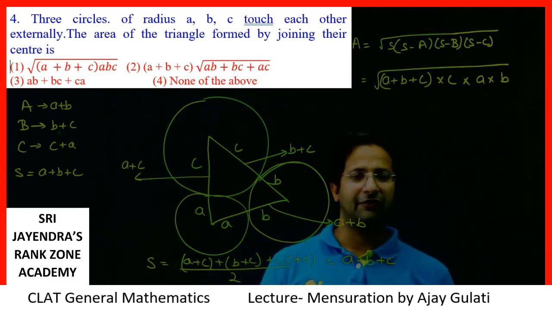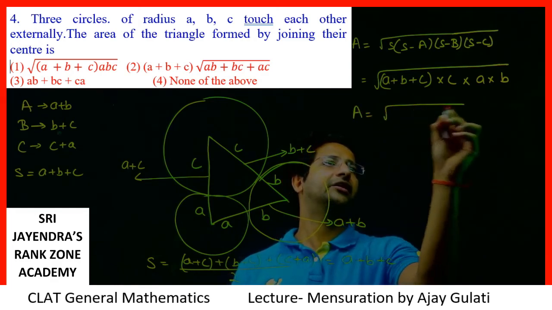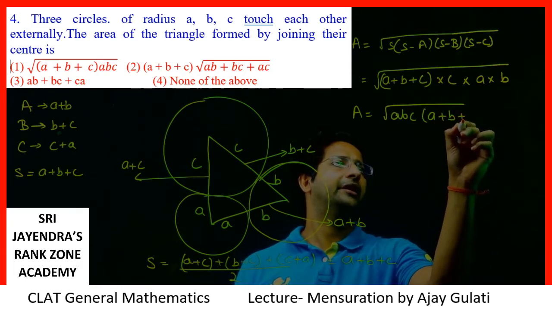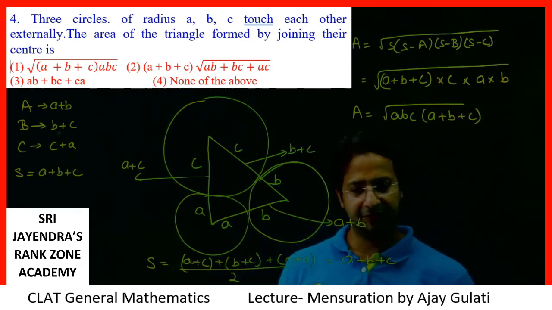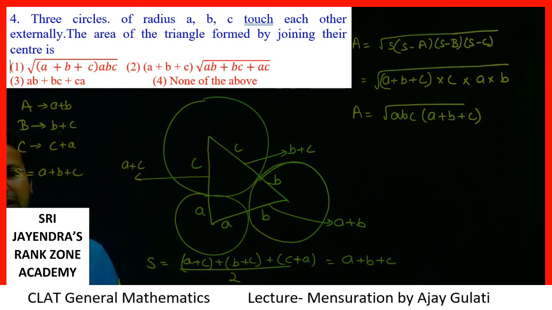So what I find is the area of this triangle is under the root ABC upon, in the brackets, A plus B plus C. Does it make sense? Yes, this is your answer.